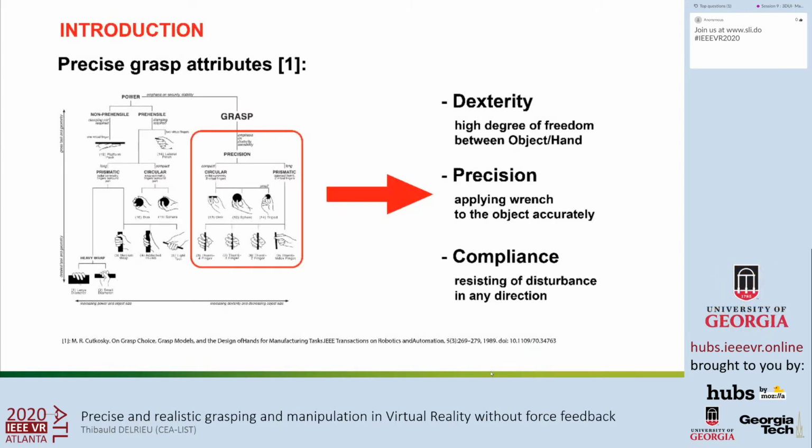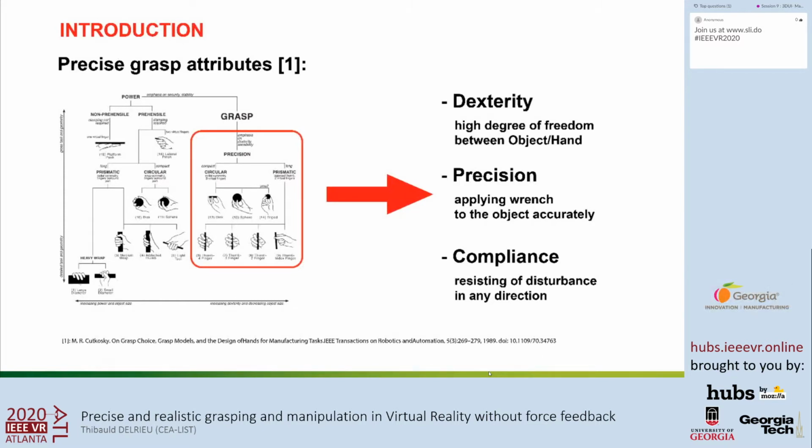But there are also precision grasping types, like grasping tiny objects or a pencil, or just objects which require precise manipulation.